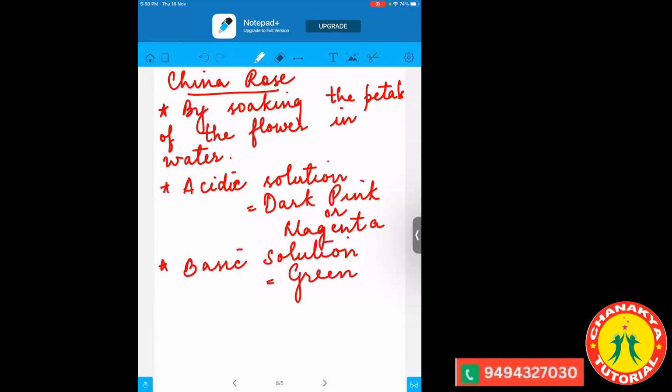And if there is no change, that will be the neutral indicator. So they do not change any color. Generally, China rose will be a kind of red color. But when we add the acidic solution, they will change into dark pink or magenta color. And when we add the basic solution, they will convert into green color. So that is how the China rose acts as an indicator.